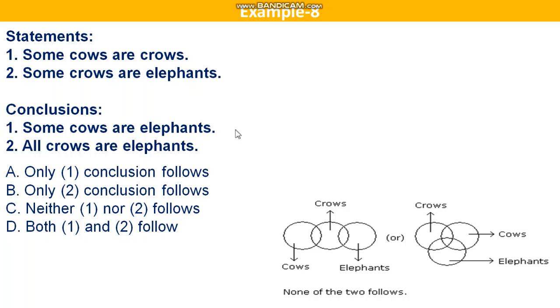Conclusion number 1 doesn't satisfy both Venn diagrams, hence we will not consider it. Even conclusion number 2 is false. So none of the two follows, option D. Any conclusion statement should satisfy all possible Venn diagrams if there are multiple Venn diagrams, as in this case.